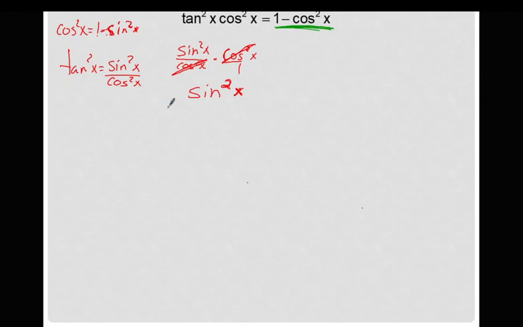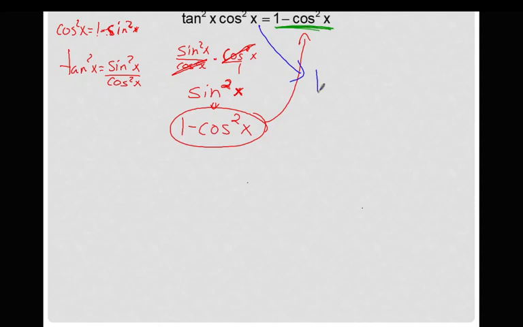Well, I also know that sine squared x is equal to 1 minus cosine squared x. And look, left side equals right side. Now, I could have very easily, and I'm going to show it to you, I could have done this that way.